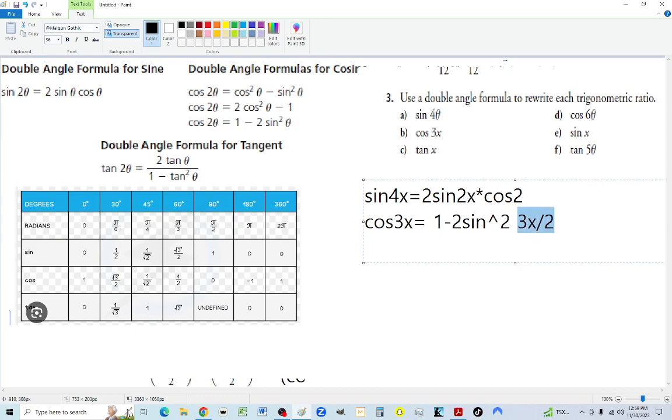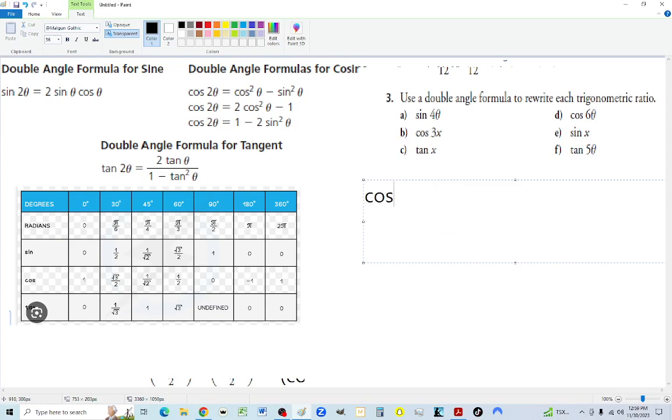All I did was half the angle. That's all you're doing. Tan x, what's half of x? It's x over 2, so it's tan x over 2, all of that divided by 1 minus tan squared x over 2.